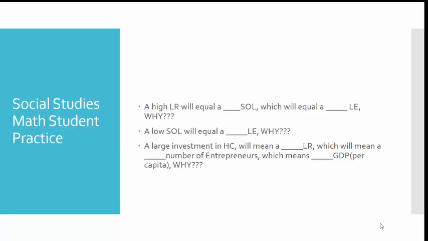Because if you have a lot of investment in education, it means that a lot of people will know how to read, which means that you will have better education, means you have more opportunities for entrepreneurs, which means that these entrepreneurs can help build the economy and will equal a higher GDP per capita for the country. So having students explain, as I just did, why these systems work the way they do is applying these economic terms and showing how they all interact with one another.